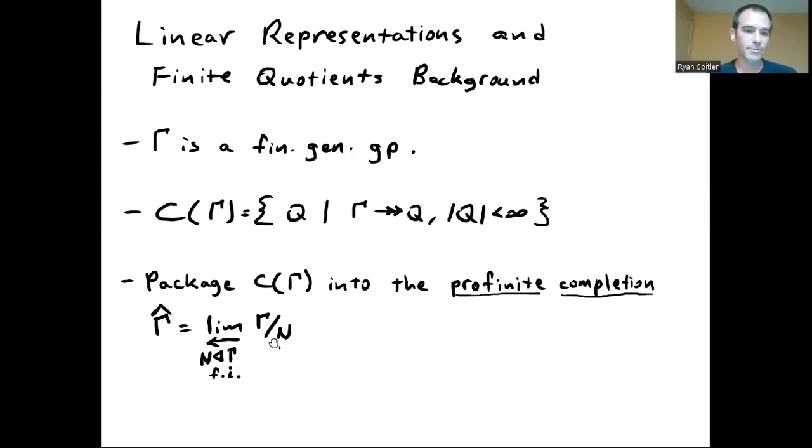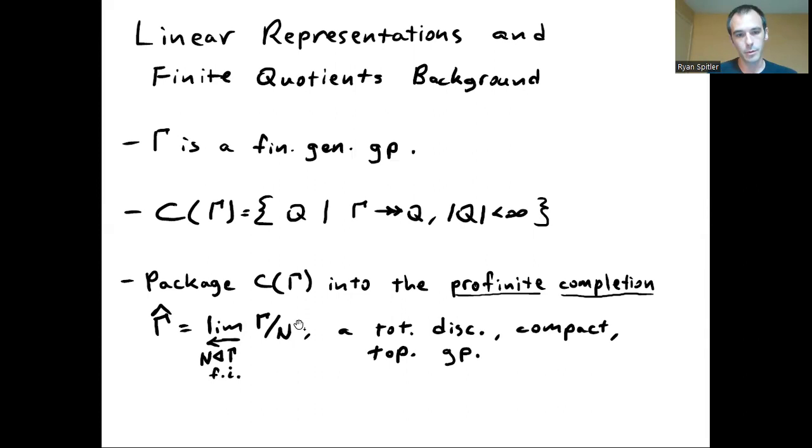So this is going to be some finite quotient group, and we're taking the inverse limit of this with a directed system that comes from the reversed inclusion of these finite index subgroups. And a nice thing about this package, the profinite completion, is that it's a topological group. So it will have some natural topology on it coming from these surjections onto these finite sets, and it will be totally disconnected and compact. So it's a relatively nice topology.